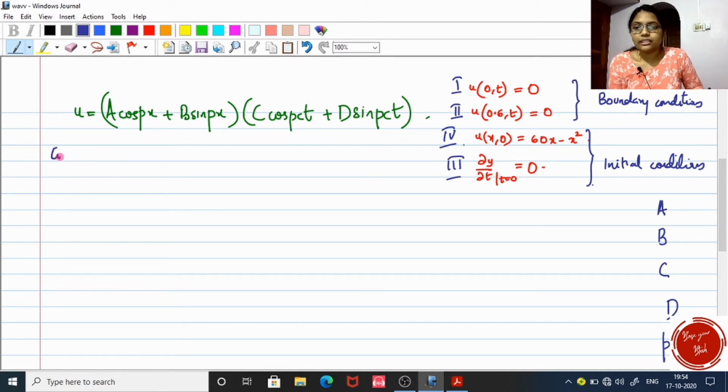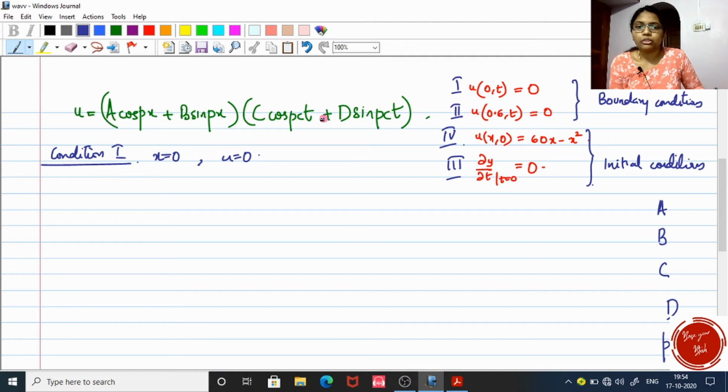Anyway, what's condition 1? U of 0 comma t is equal to 0. That means put x equal to 0 and u is also equal to 0. Remember, the first coordinate is x, the second coordinate is t. So 0 comma t indicates x equal to 0, and at that point u equals 0.